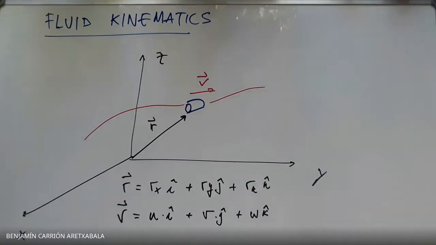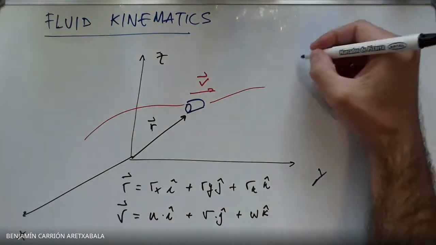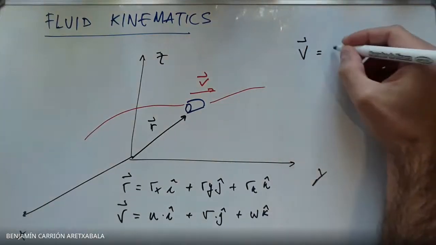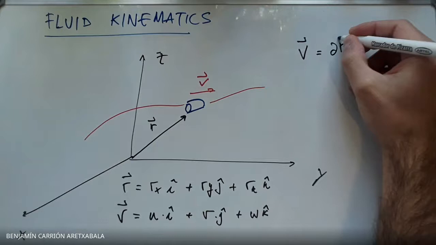But since we also know the position, actually velocity is the derivative of the position. And in kinematics, we're gonna get a bit heavy on derivatives, but it shouldn't be anything that you haven't seen before. So basically, as a definition, the velocity is the derivative of r with respect to time, right?